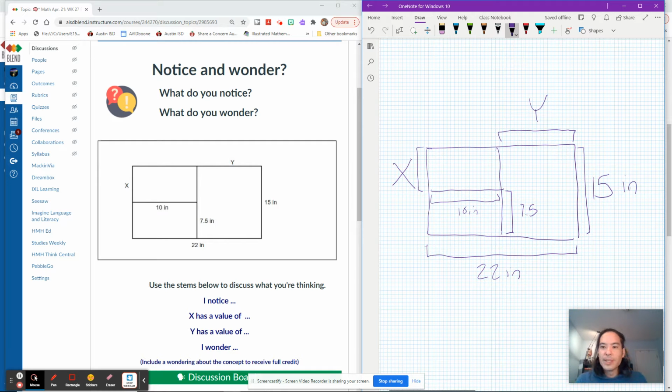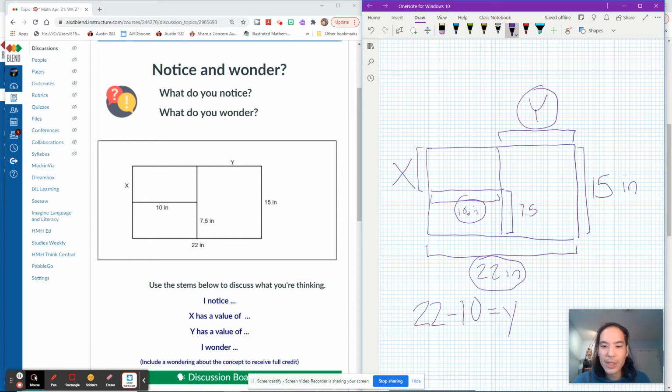So basically, we know the full side is 22 inches. We know that this part over here is 10 inches, and we don't know what the rest of it is, with y. So one of the things we could do is make a word problem. If we take the 22 and we subtract the 10, that should tell us what our y is, because 10 plus y equals 22, because 10 and this missing value together make 22.